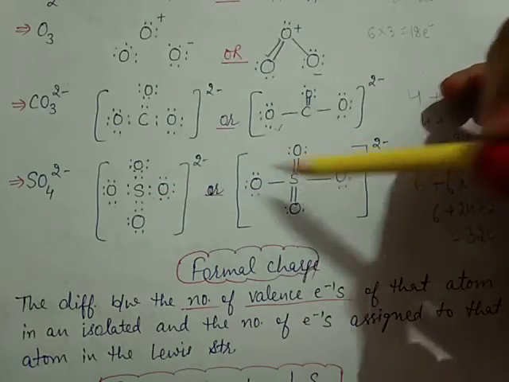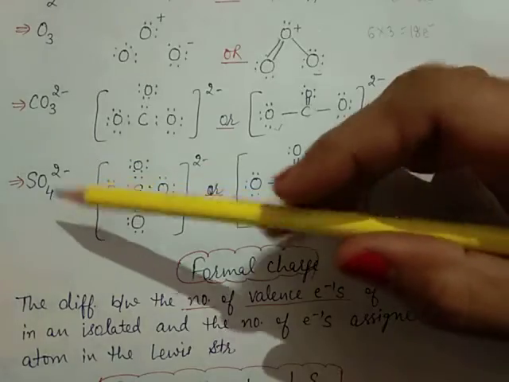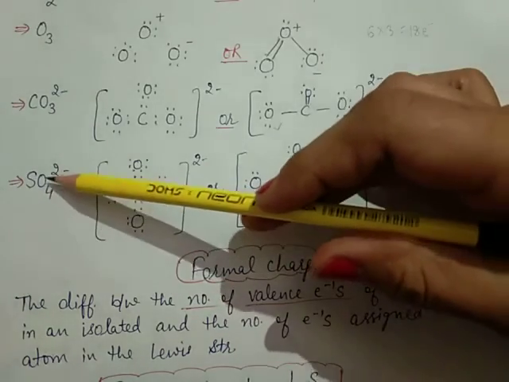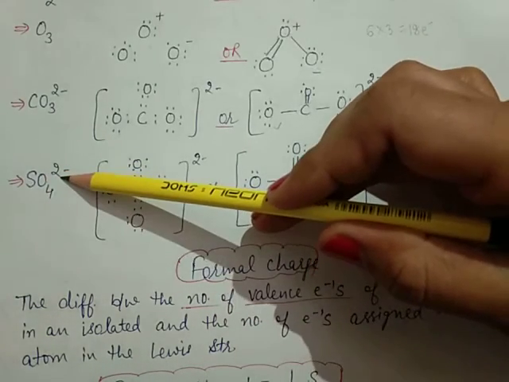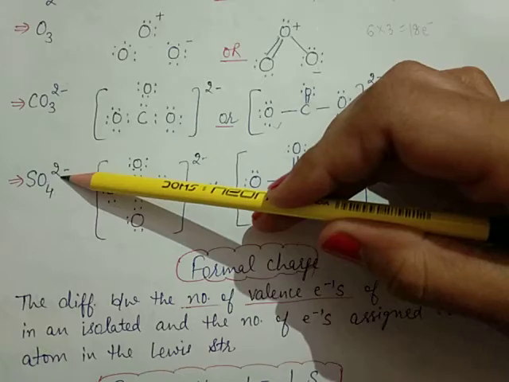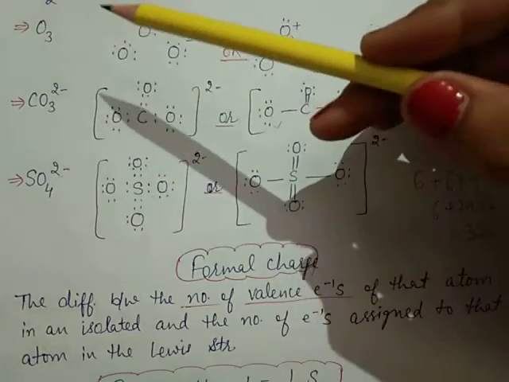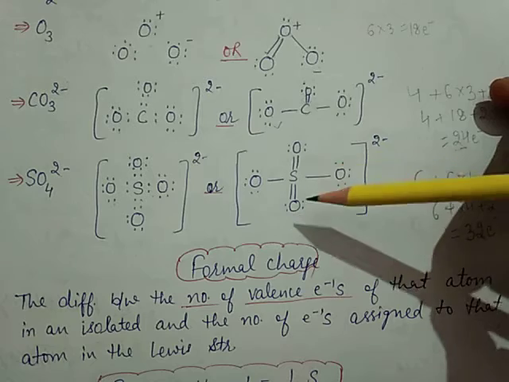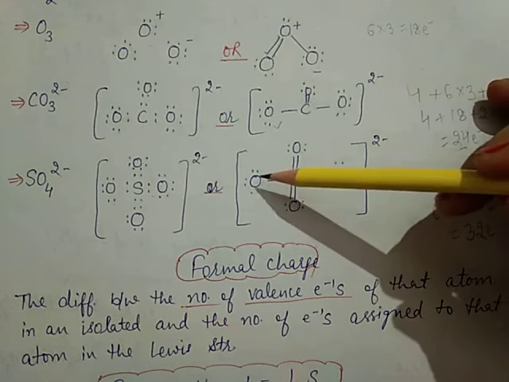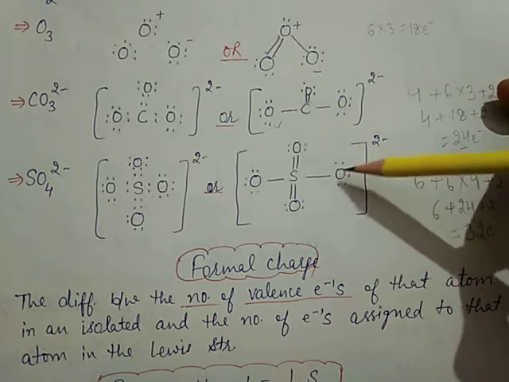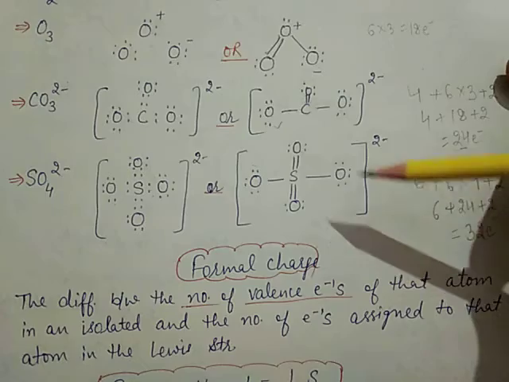After forming the double bond. So 4 oxygen atoms are present and there is a 2 negative charge. It means 2 are neutral and 2 have a -1 charge on each oxygen atom.